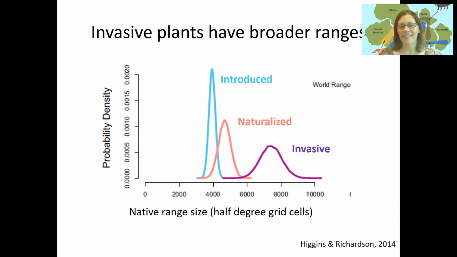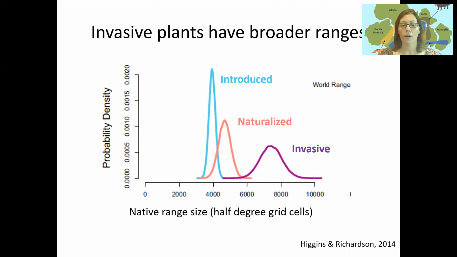All right, so this is a figure from a paper by Higgins and Richardson from 2014. They had lots of data about the distributions of two different genera. So first were all the species of Australian eucalyptus trees and all of the species of Australian acacia, which are sort of like a shrubby tree.